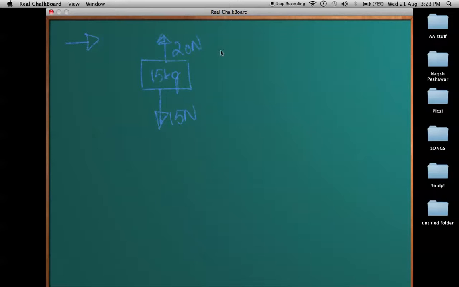Alright, and we know that there is a force here of 30 newtons. Let's say first of all I need to find out the acceleration. So let's see, first of all the formula is F net equals ma.